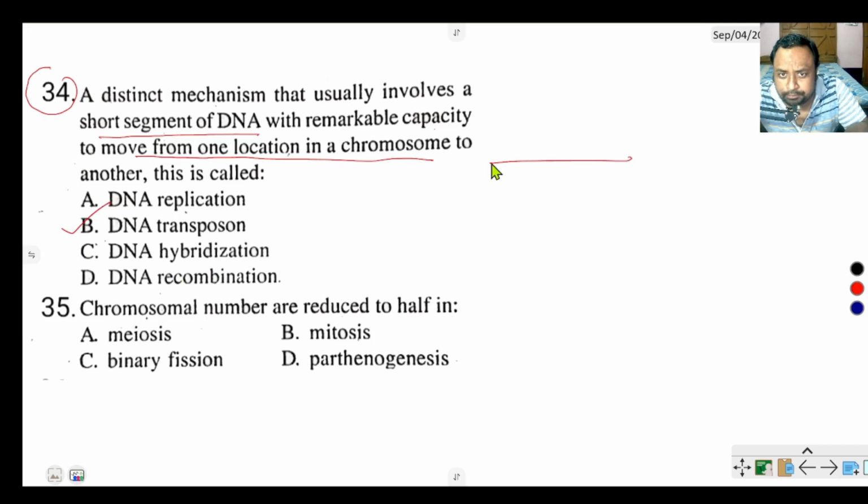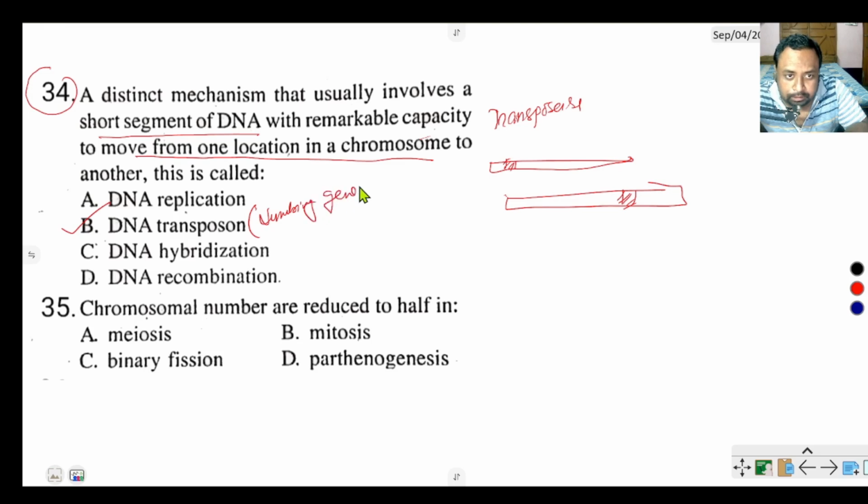Suppose this is a gene at this position, but in the presence of transposase enzyme, it cuts and transfers itself into this position or any other position of the chromosome. This is called a transposon or jumping gene, like the Ac-Ds complex.